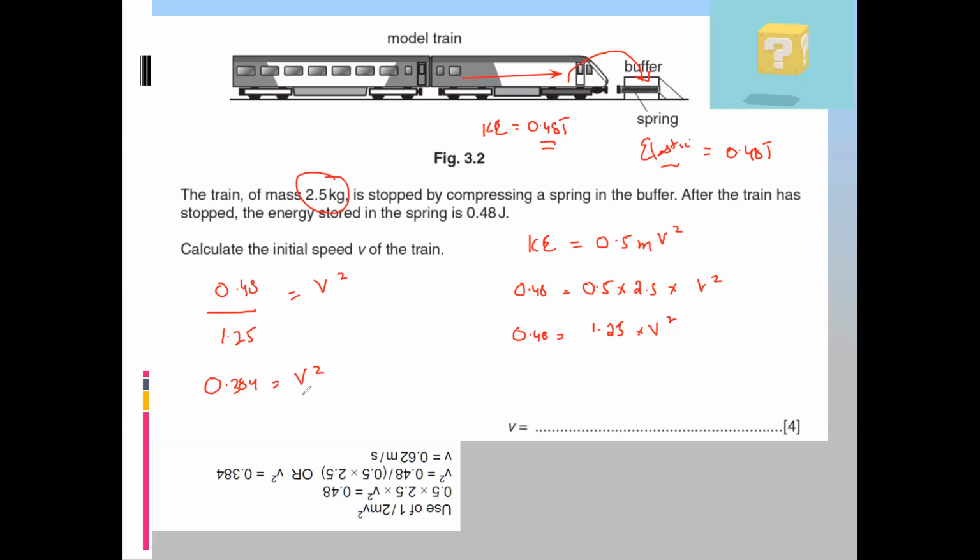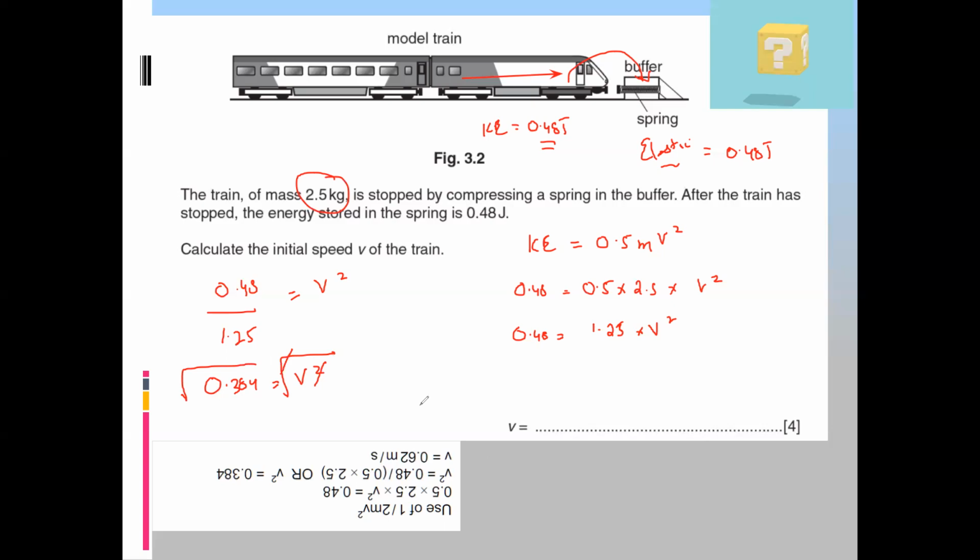But we don't need v square, we need v. So to remove this square, we take a square root on both sides. Not divide by 2. When a square is there, we take the under root, so the square will cancel with the root. What is the under root of 0.384? On your calculator, you can find this.